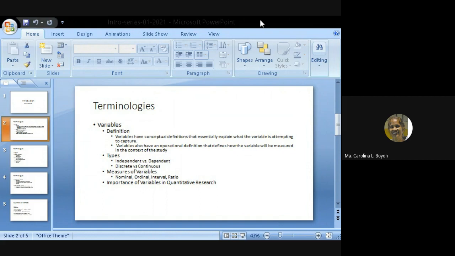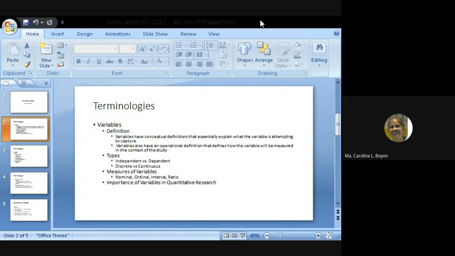So a variable is a characteristic or a quantity of a phenomenon that can be measured or classified.